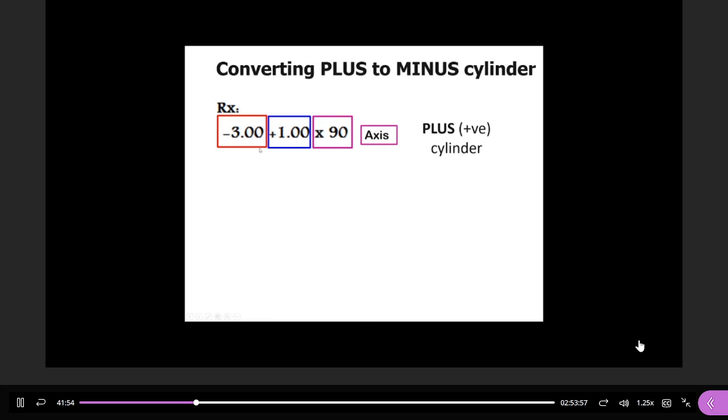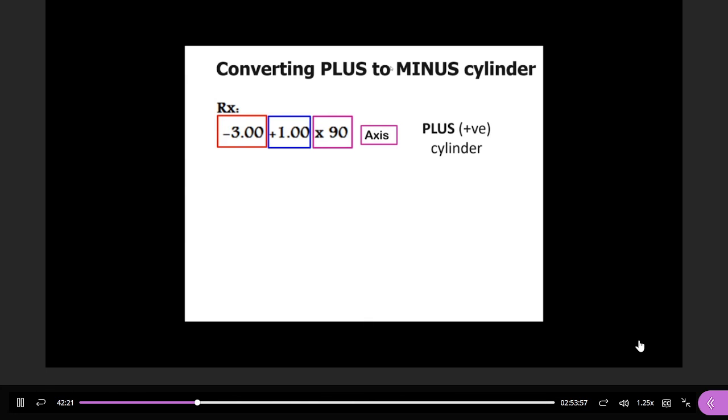They want you to use either all plus or all minus. So in this situation, how do we convert plus to minus? Most of the time, you make the cylinder and the spherical lens power consistent. Then the technicians can make the right glasses for our patients.